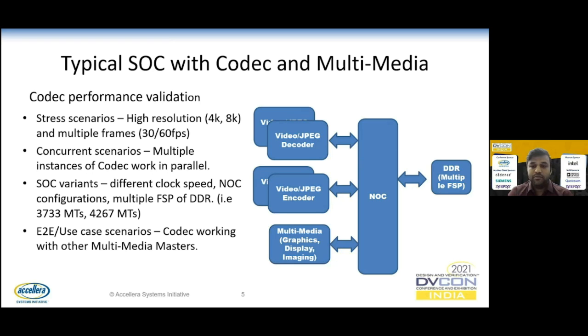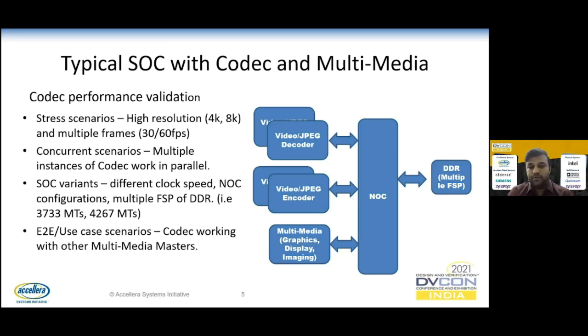As explained in our previous slides, major requirements are with SoC variants, with different clock speeds, NoC configurations, and multiple FSPs of DDR. Then we have end-to-end use case scenarios where the codec works with other multimedia masters like graphics and display. The codec will do the decoding and the result has to be displayed. Similarly, graphics will render the image, and that rendered image our codec should encode.